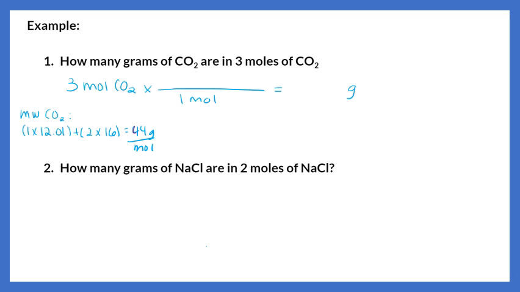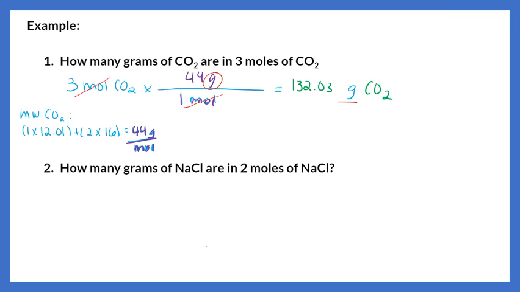I'm going to put this in a different color so you can see where it goes. So my 44 grams per that 1 mole goes there. Now I take my 3 times my 44.01, and this shows me that I have 132.03 grams of CO2 in those 3 moles, okay? And the mole here cancels the mole there, leaving me with grams.